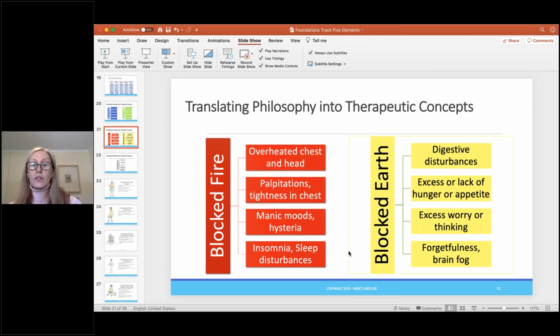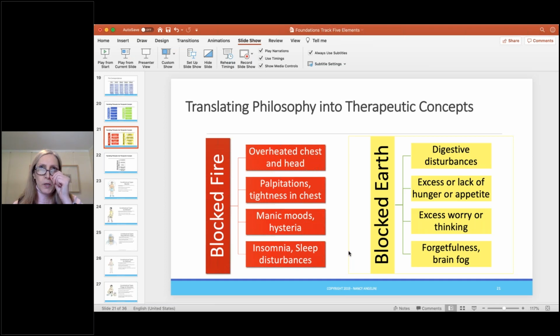Blocked earth: digestive disturbances always, the burping, gas, bloating. And so then you think to yourself, well, but blocked wood had bloating. That's right, but all the rest of the story has to work with that too, right? With blocked earth, you have these bizarre appetite things that you don't see with wood.